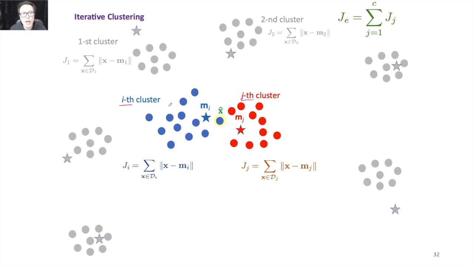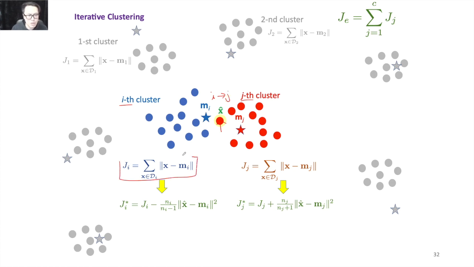Now I'm going to randomly pick a sample. It happens to be this one. I want to move this sample from i to j, changing the blue to red. So we find out that now it becomes red, and after we move this point from i to j, this is the original subcost.